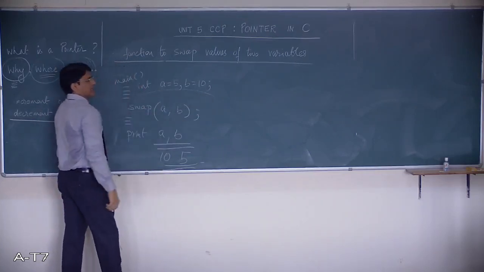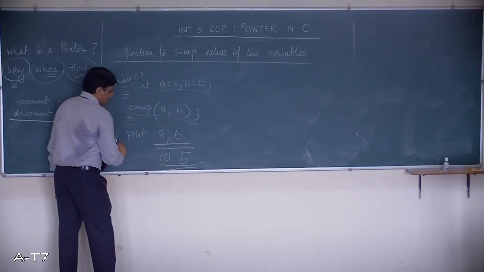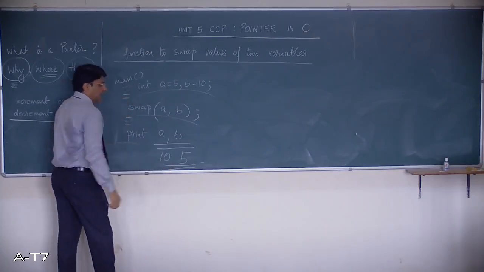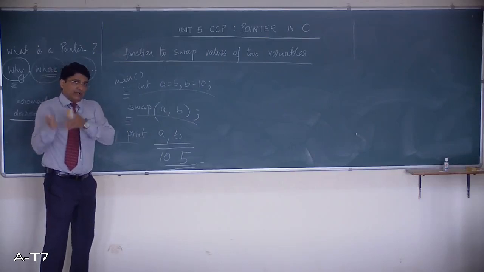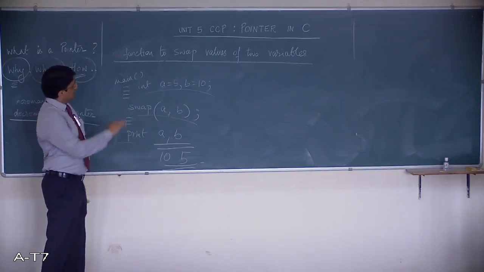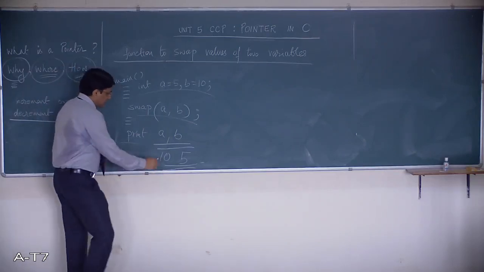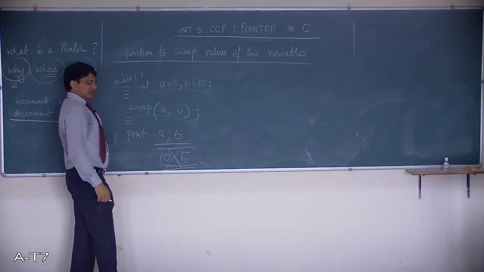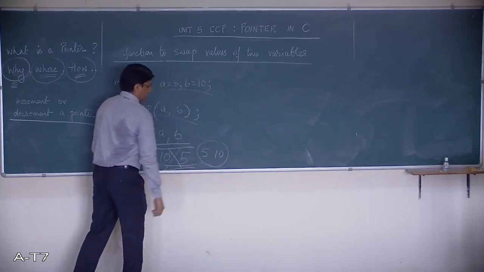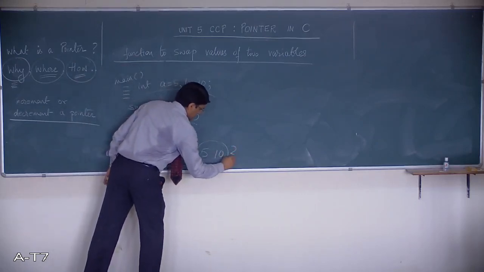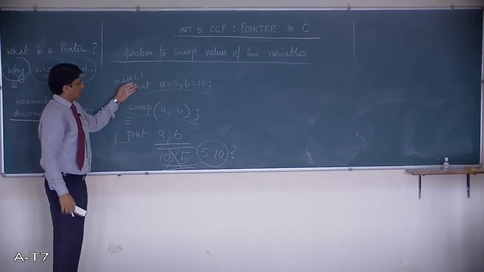After the function executes, I am expecting that 10 would have come into a and 5 would have gone into b. When I print a and b, I am expecting 10, 5, but this does not happen. It prints 5 and 10. And that's the puzzle of the day.